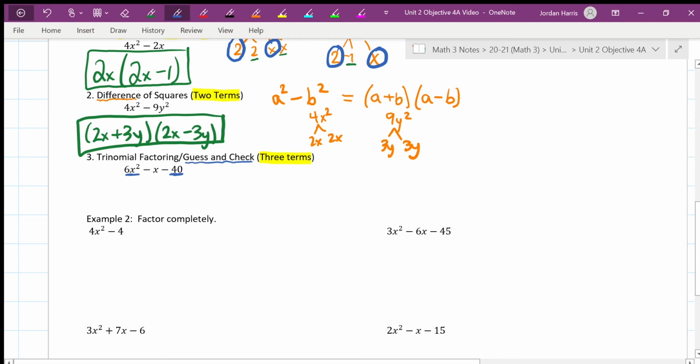Once you start understanding patterns from doing these problems a lot, so please do a lot of these problems with me today and throughout the next couple of days, and we're going to have a lot of warm-ups about these problems because the only way to get better at this is practice.